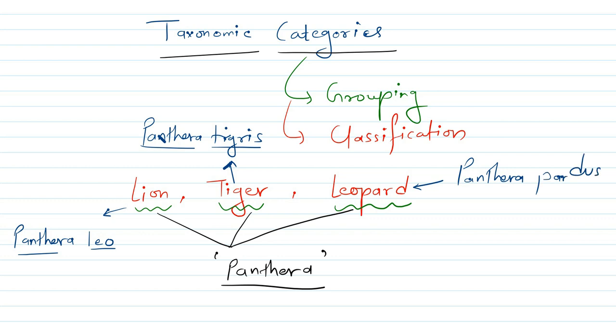So what does this mean, dear students? If you carefully observe, in all the three animals, what is common? Can you identify? The common is nothing but the name of the genus. And if you observe it carefully, you can see that all the three animals, that is lion, tiger and leopard, all three have the common genus which is nothing but Panthera.